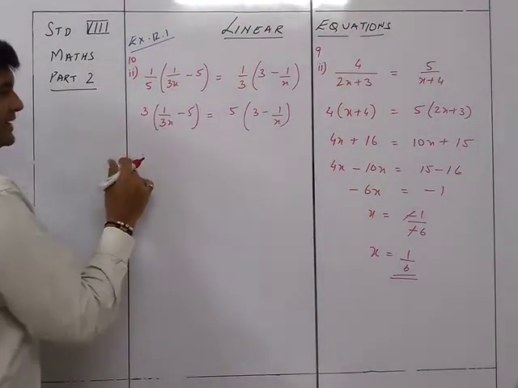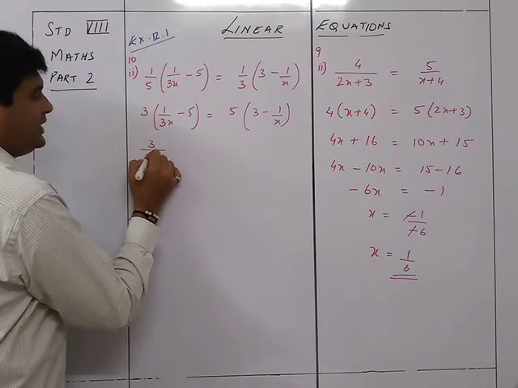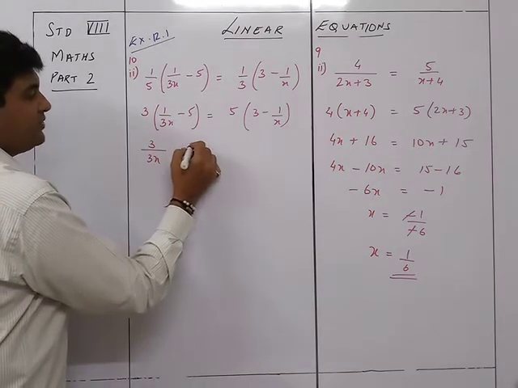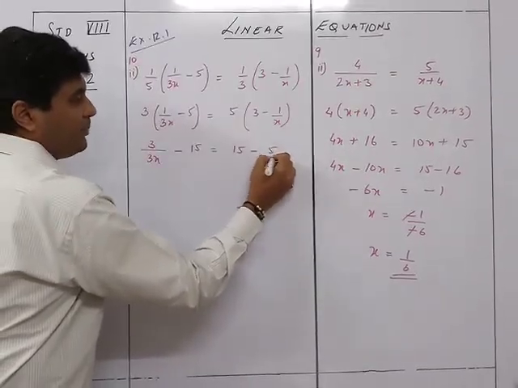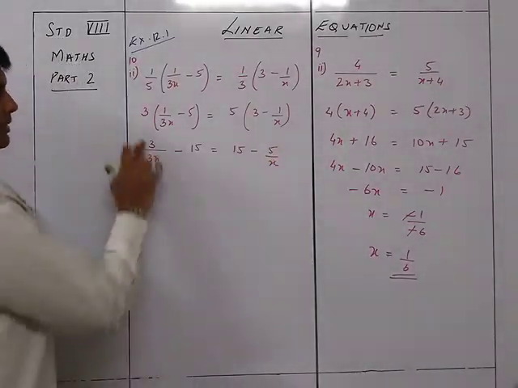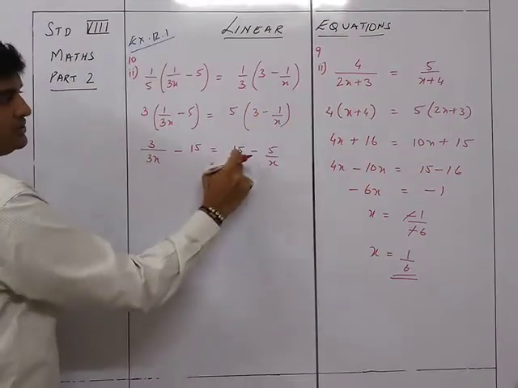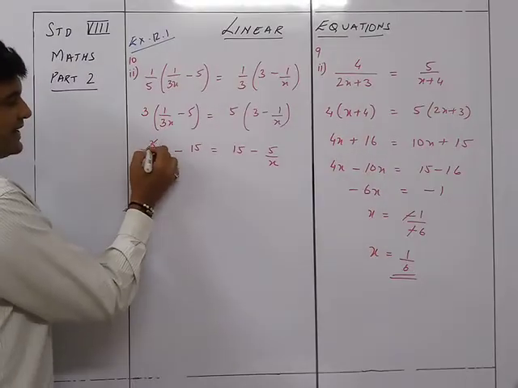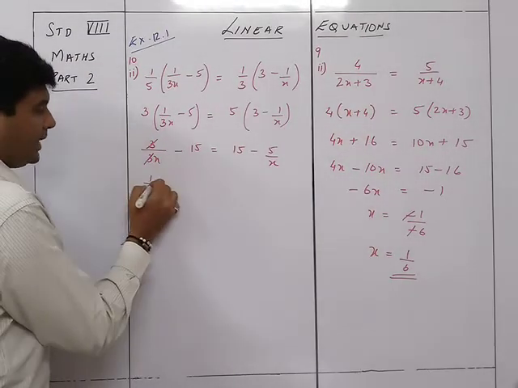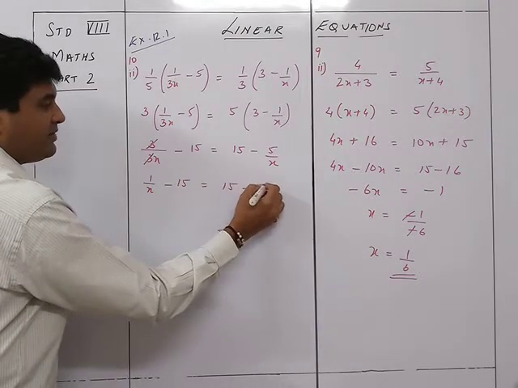You can open the brackets now. So you have 3 upon 3x minus 15 is equal to 15 minus 5 upon x. This into this, this into this. So you can see the 3 gets cancelled over here. So it is 1 upon x minus 15 is equal to 15 minus 5 upon x.